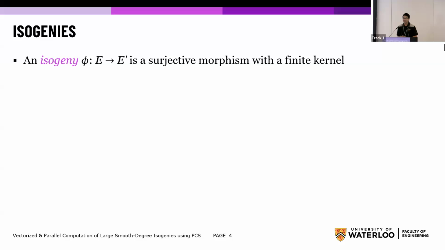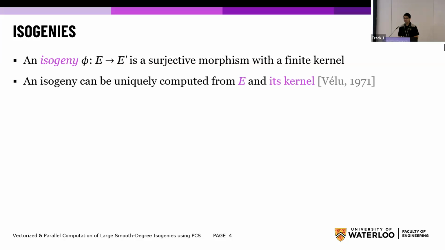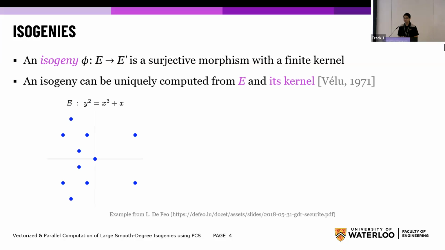Isogenies. An isogeny, denoted by phi, from an elliptic curve E to E prime, is a surjective morphism, or mapping, with a finite kernel. In addition, an isogeny can be uniquely computed from the original curve E and its kernel by Vélu's formula.